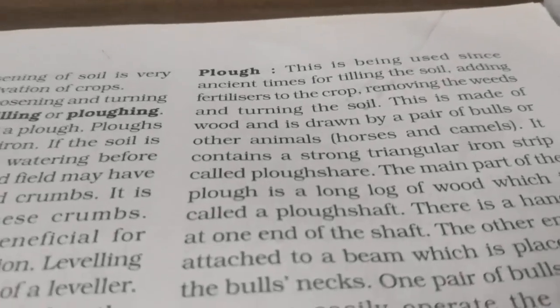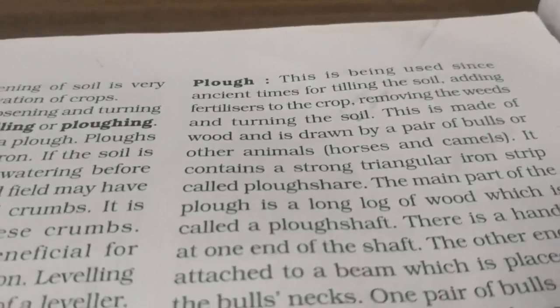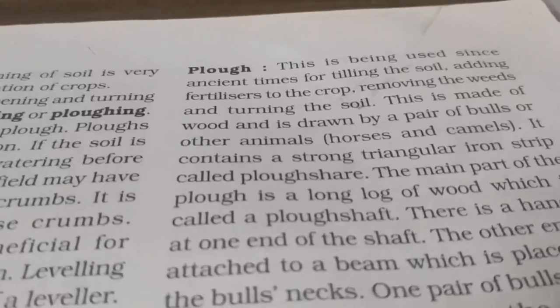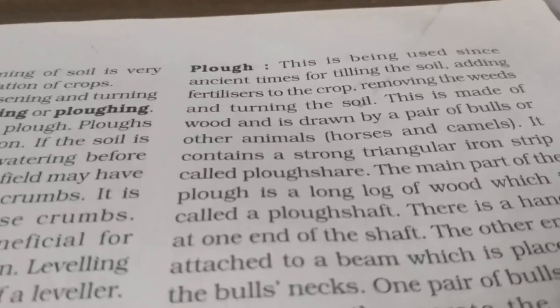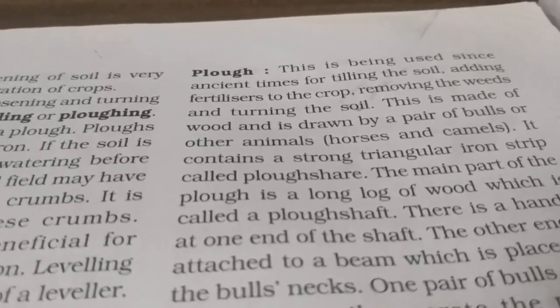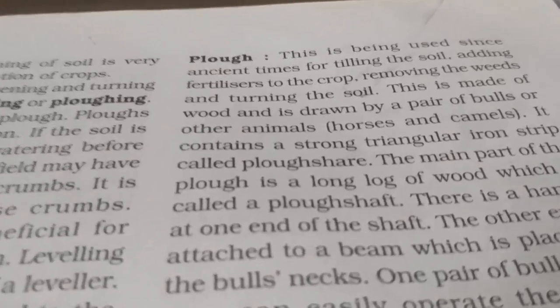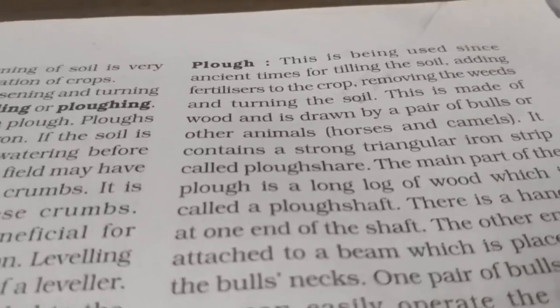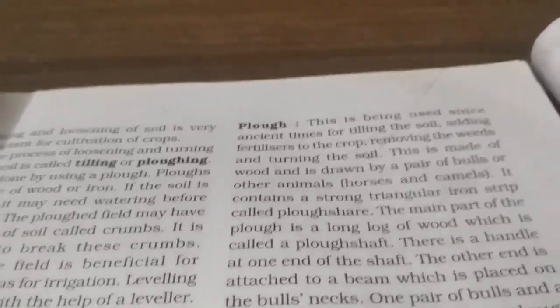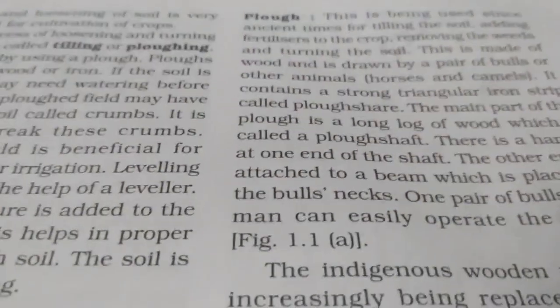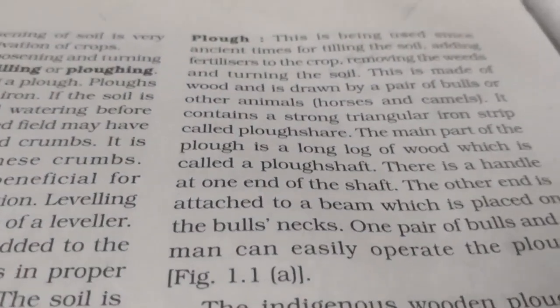When these unwanted plants grow along with the crops, they also utilize nutrients from the soil, so our crops will not get proper nutrients and minerals from the soil. So it is important to remove the weeds from the soil before sowing the seeds.